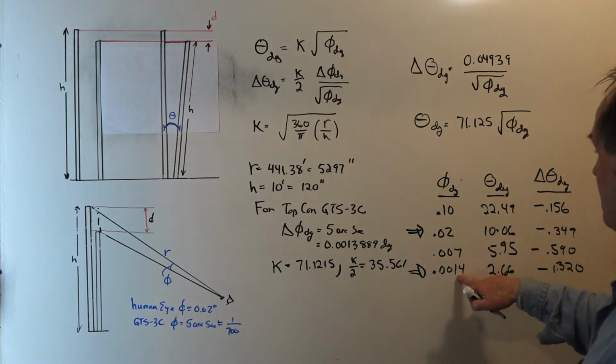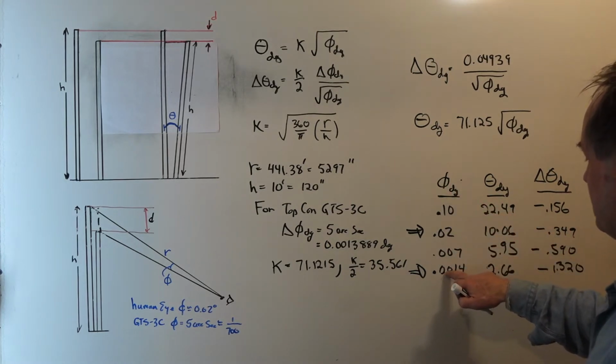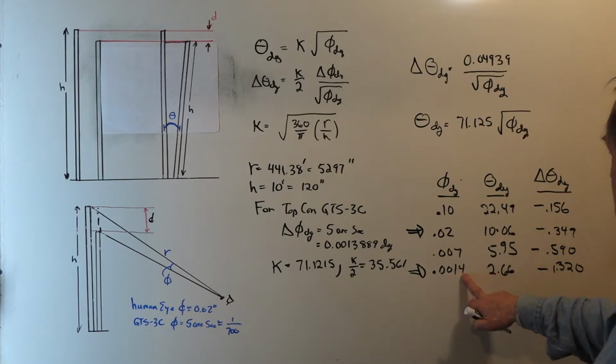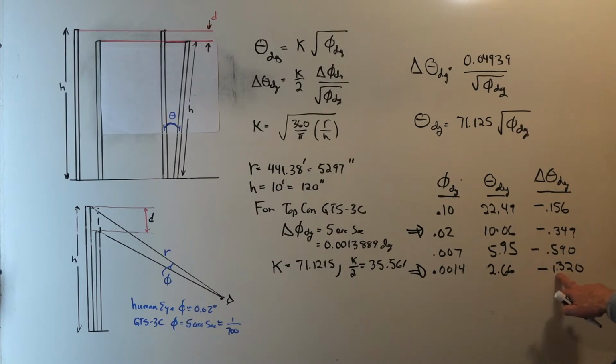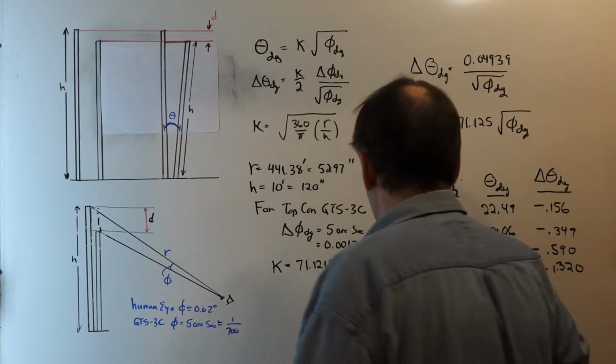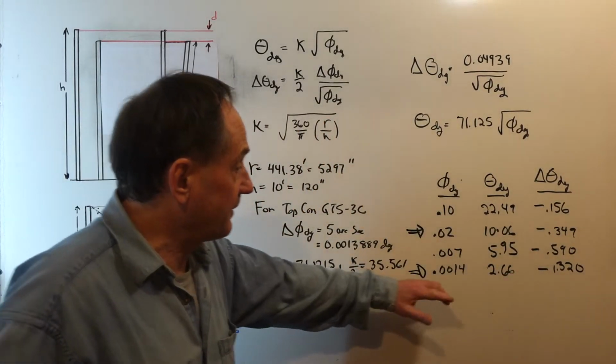We can measure phi down to 0.0014 degrees, which would give us a tilt angle of 2.66 degrees and an uncertainty of about half of that. That's because we're getting down to the limitation, the capability of the Topcon.